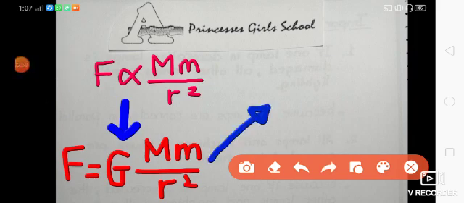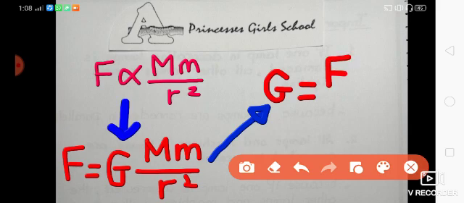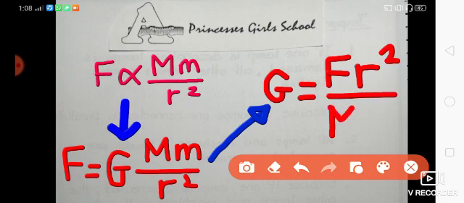And also from this equation we can deduce the gravitational constant, which will equal force times r to the power 2 over M capital times m small.